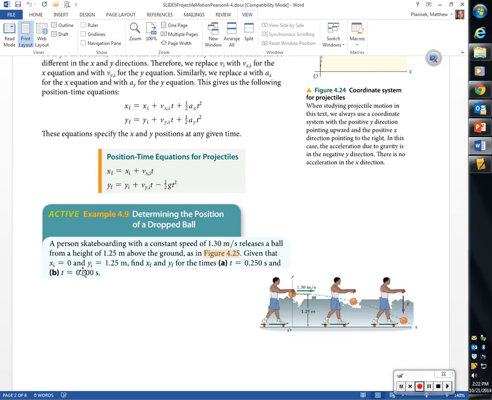But when we look at that a little bit more closely, we can make this equation a little more specific to the projectile motion itself. First, we said that the only thing that's going to affect the path of the projectile is gravity.